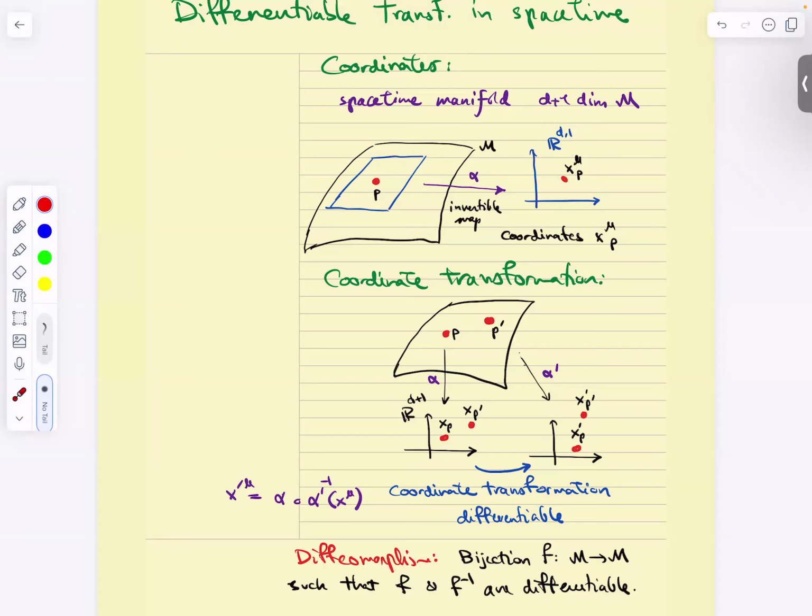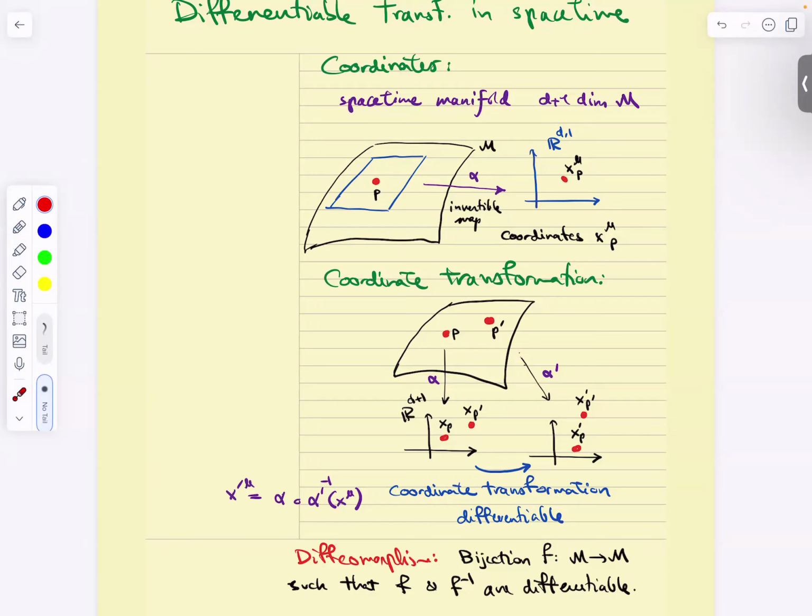The function is differentiable and its inverse is differentiable. Again, the coordinate transformation is made up in our minds, right? It's all in our minds. A coordinate transformation is called a diffeomorphism if not only is it differentiable, but its inverse is also differentiable.